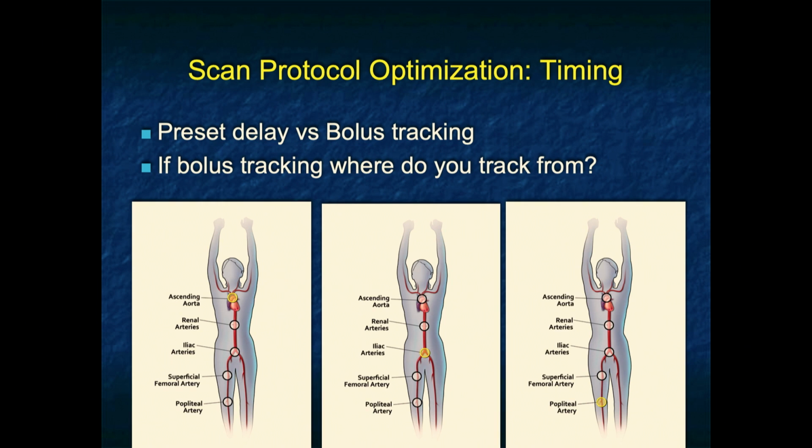If we're doing thoracic and abdominal aorta, we'll bolus track at the level of the arch. If we're doing abdominal aorta, we'll bolus track typically either at the renal arteries or level of diaphragm. Either works well. And if you're doing runoff studies, then you're going to have a lower trigger point. Typically, we'll do iliac vessels. That tends to work pretty nicely in our experience.